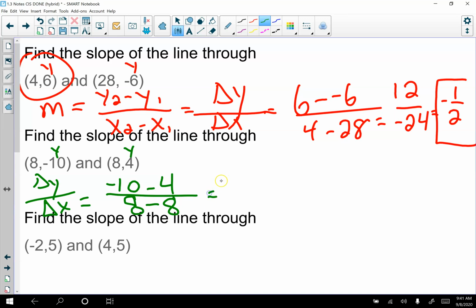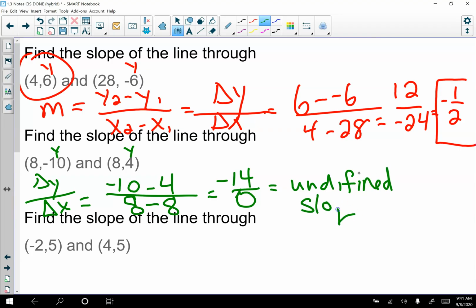And on the top, I'm going to have -14 over 0. And if you have a 0 in the denominator, your slope is undefined. You can't have a 0 in the denominator. Thinking of an undefined slope also, which means it's a vertical line.